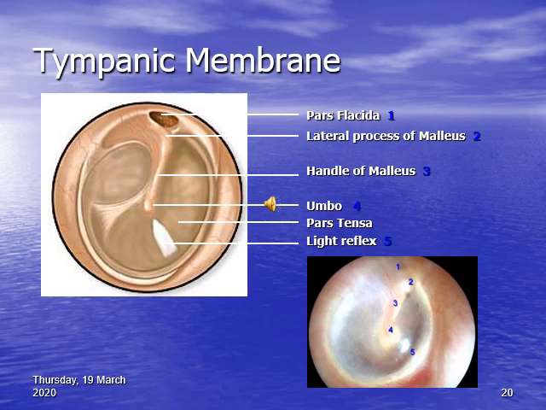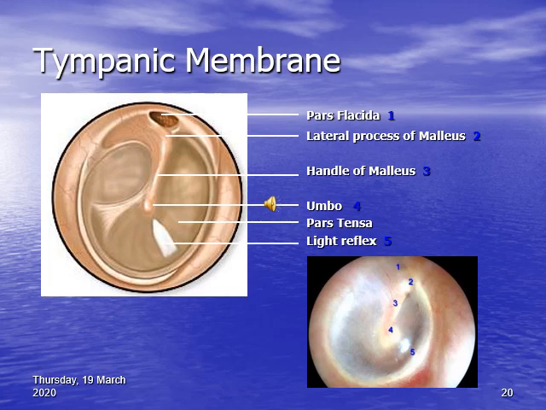When we see the tympanic membrane from the external auditory canal, there are landmarks from which we can identify that this is a tympanic membrane. We have to identify the color of the tympanic membrane, which is a pearly gray color in normal condition.